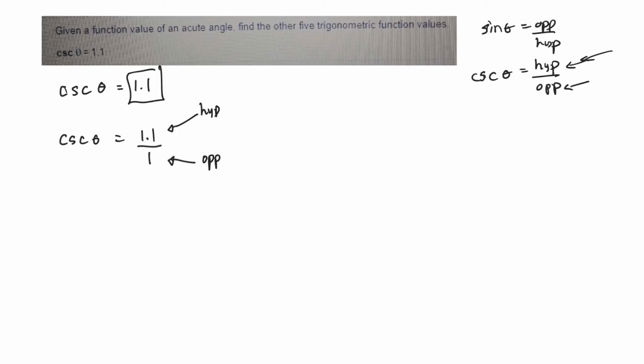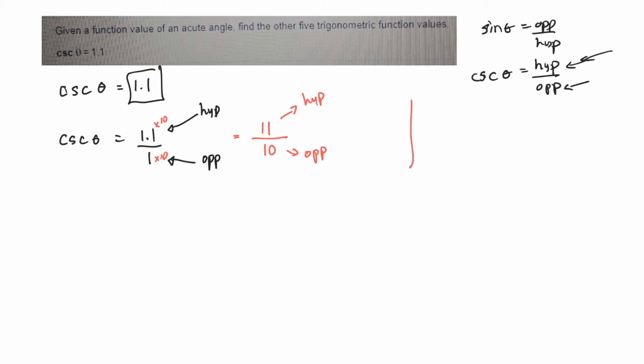But decimals are a little awkward. So what I would probably suggest is just times the top by 10 and times the bottom by 10. So what you come up with on the top would be 11, and on the bottom, 1 times 10 is 10. So let's use 11 for the hypotenuse, and let's use 10 for the opposite side.